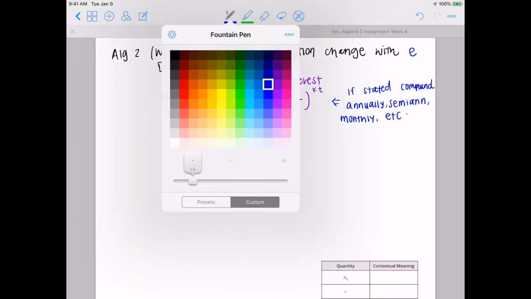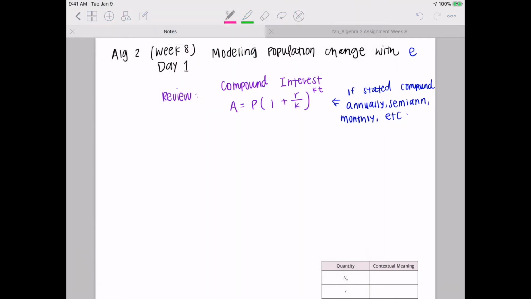And then there's another one that we didn't cover last week, but it's still compound interest. This one is A equals P times e to the rt. This one right here is if compounded continuously.